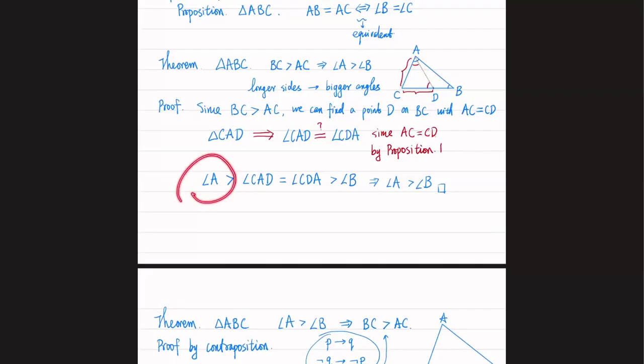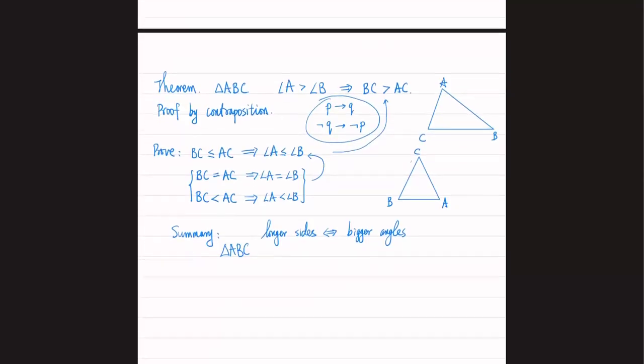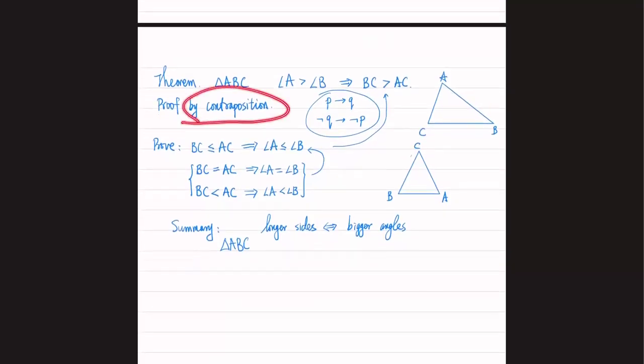So angle A bigger than CAD. CAD is the same as CDA, which is bigger than angle B. So longer side, bigger angles. The other way will be proved by contraposition.